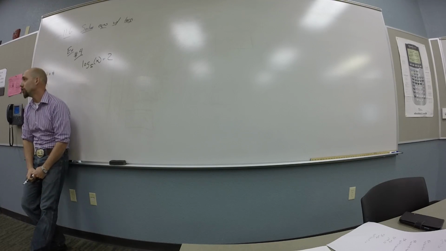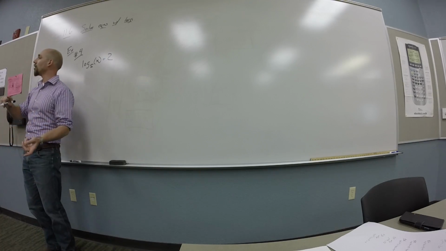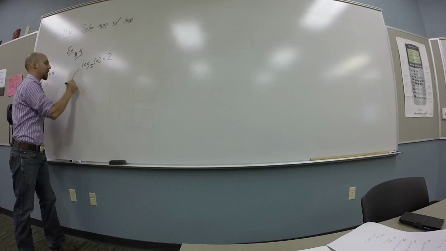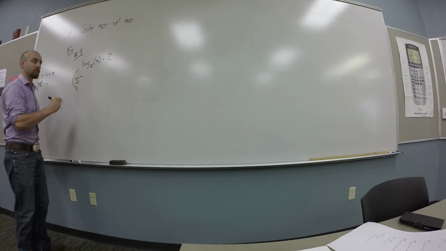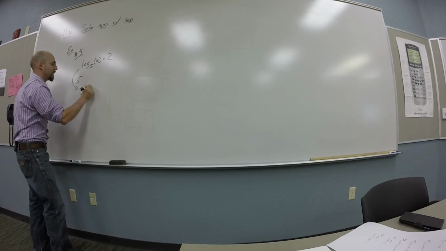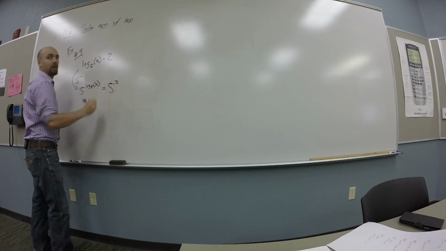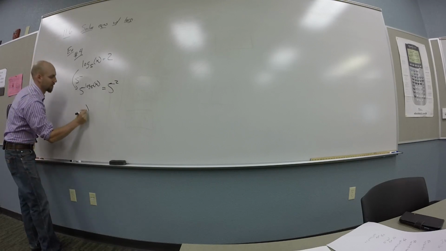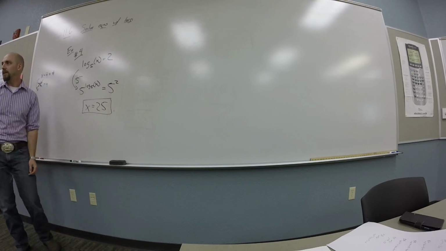So I want to undo log base 5 of x. I don't want to log everything, I want to unlog everything, right? So I put everything in the exponent of a 5. So I'm doing 5 to this stuff to both sides, right? So I get 5 to the log base 5 of x is 5 squared. Very nice. So I get then x is 25. Great. And done, easy, right?